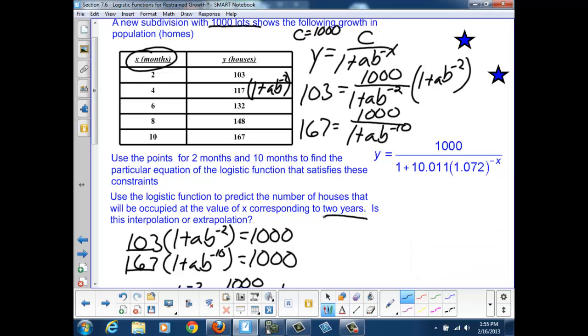So our 2-year value for x is actually x equals 24.